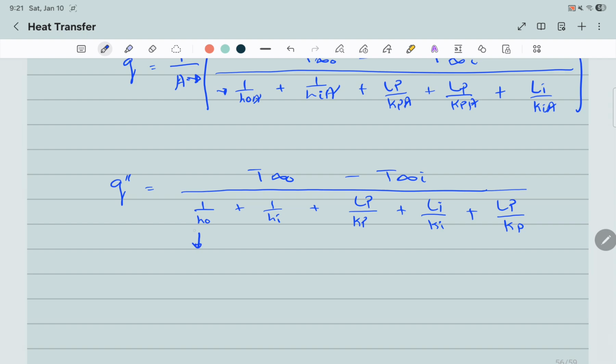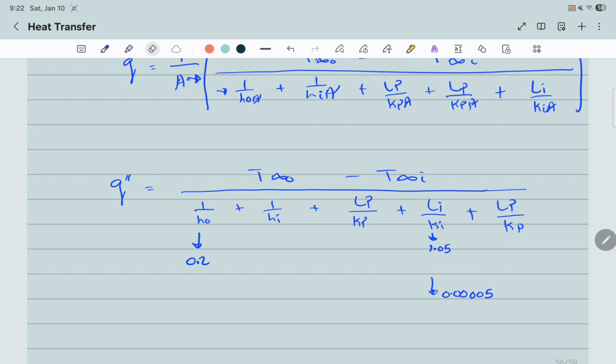This has a value of 0.2. You can double check. These two have a value of 0.00005, and the insulator has a value of 1.5, which shows that the insulator has a higher resistance than the steel plates. Okay, I think this could be misinterpreted.